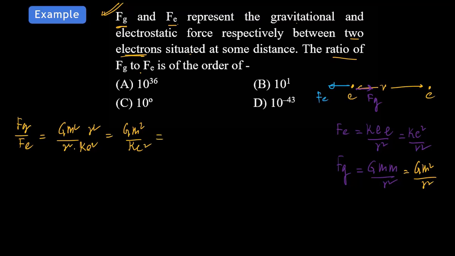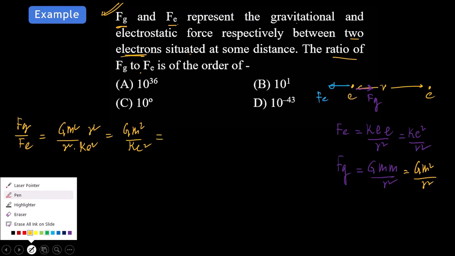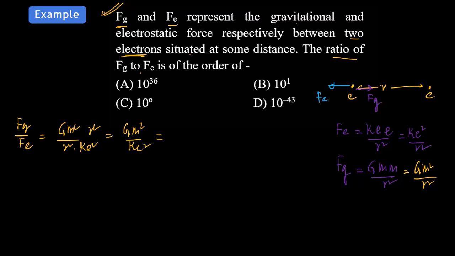Now put all the values. What is G? G is called the gravitational constant, the universal gravitational constant. Its value is 6.67 into 10 to the power minus 11. And what is M? It is the mass of the electron. The electron mass is 9.1 into 10 to the power minus 31, whole square. Divided by K, the Coulomb constant, so 9 into 10 to the power 9.